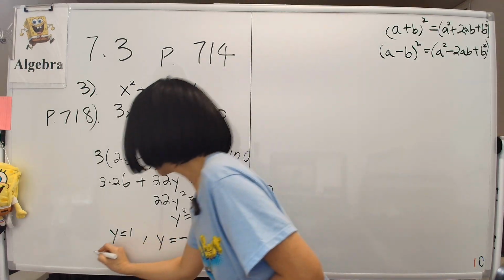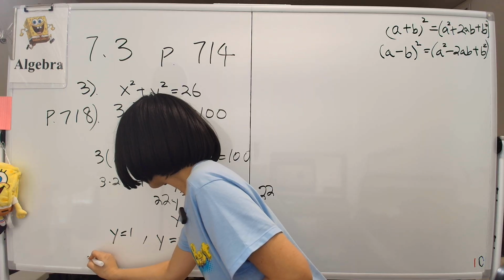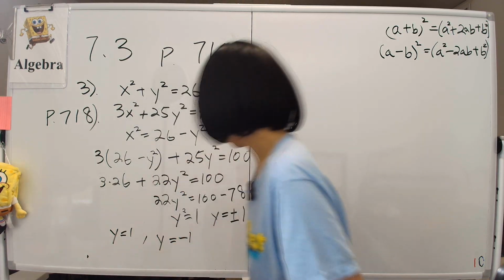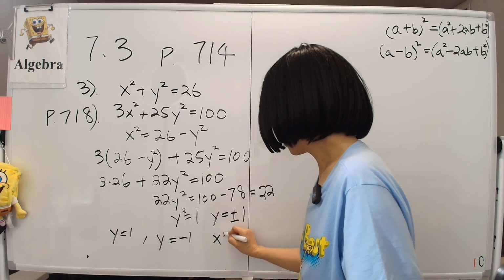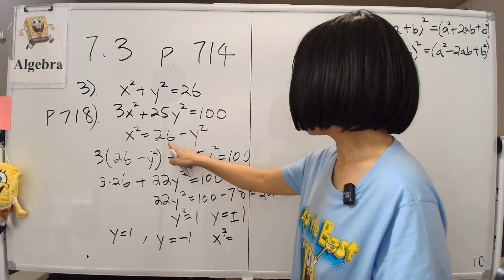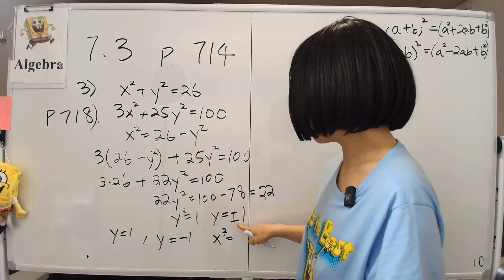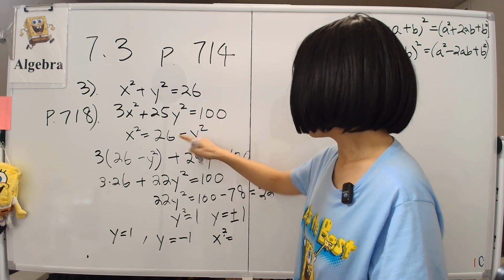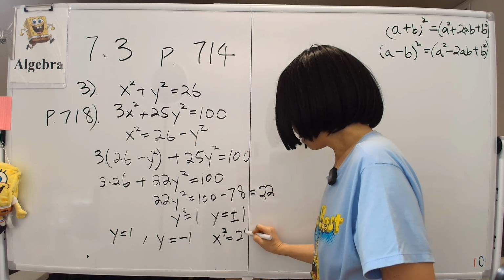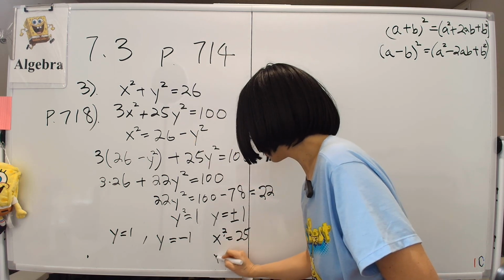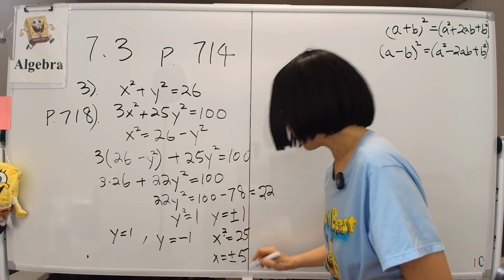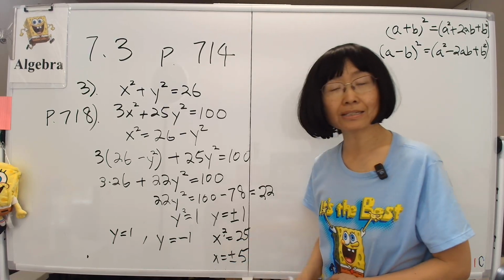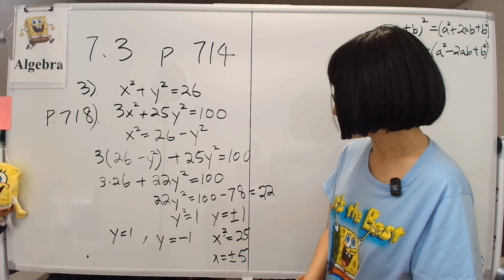So right here, x squared equals 26 minus 1 squared, right? Y is 1, so that equals 25, which means that x equals positive or negative 5. Okay, then that means x can be positive 5 or negative 5.